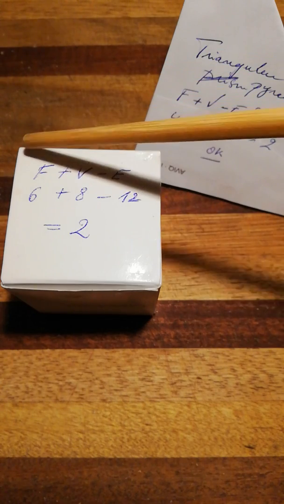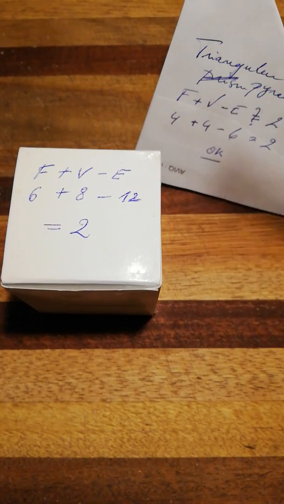The edges are the lines that connect the corner points, and they are the borders of faces. You have 12 edges on a cube. You can check that for yourself as well. I don't have to explain that.